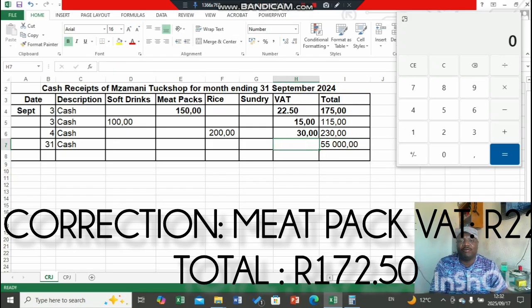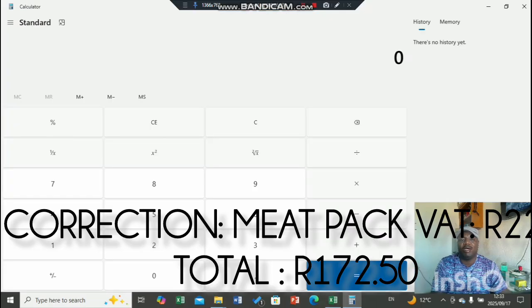Now let's say this 55,000 includes VAT. So if an amount includes VAT and we want to know the VAT amount, this is where we use the VAT fraction. Don't get confused.